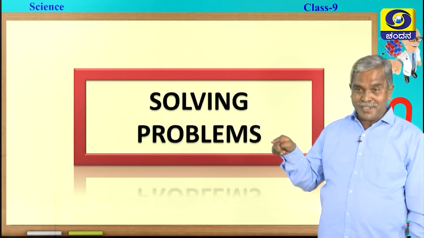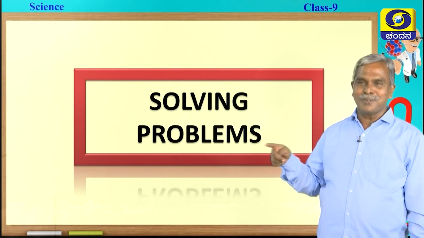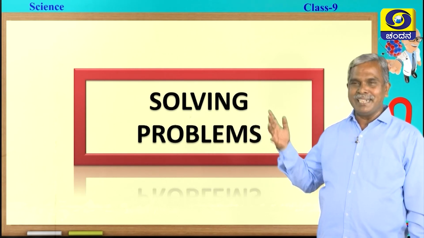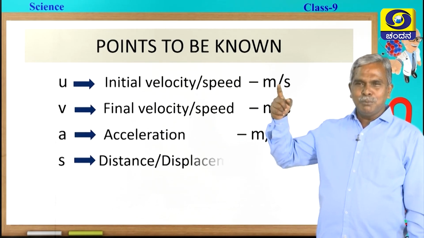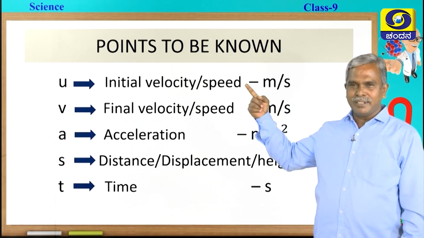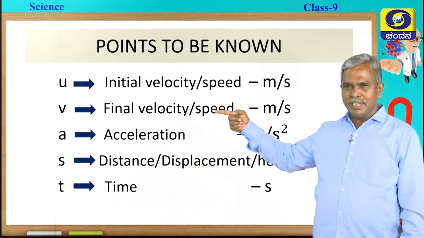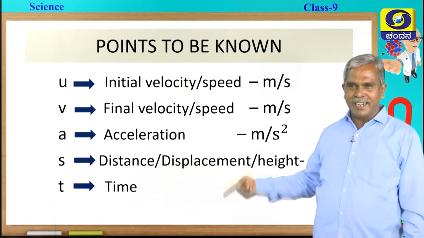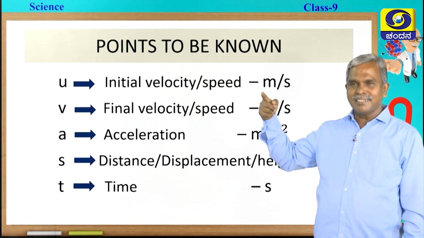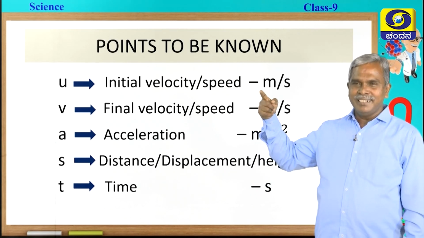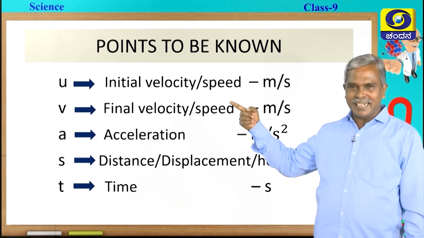Now, we have to make use of the equations to work out the problems, that is more interesting. What are the points to be known? First of all, you must know the meaning of the physical quantities like u, v, a, s and t. U is called the initial velocity or speed, its SI unit is meter per second.